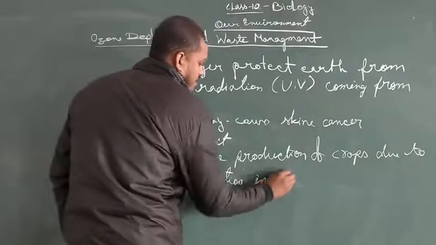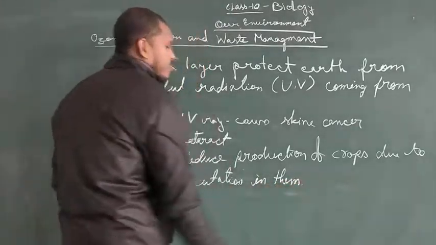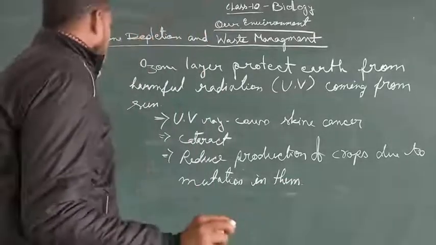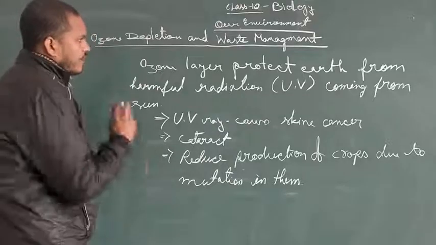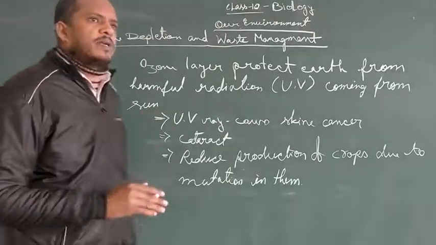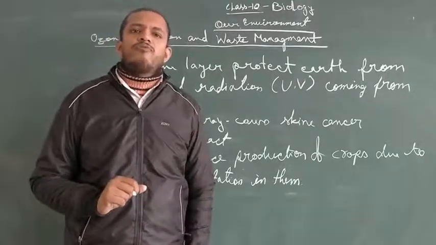So these are some effects which may occur because of the ultraviolet radiation. All these problems can be minimized with the help of the ozone layer.